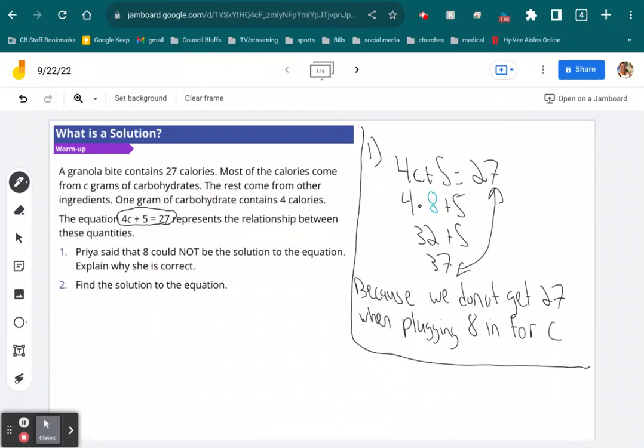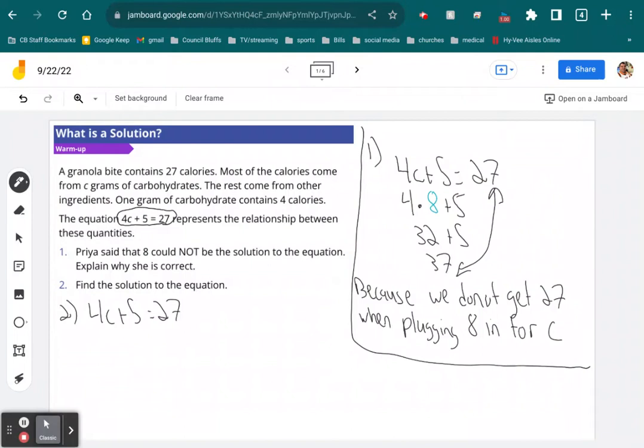So that answers number 1. Number 2, find the solution to the equation. So, in other words, solve the equation 4C plus 5 equals 27.